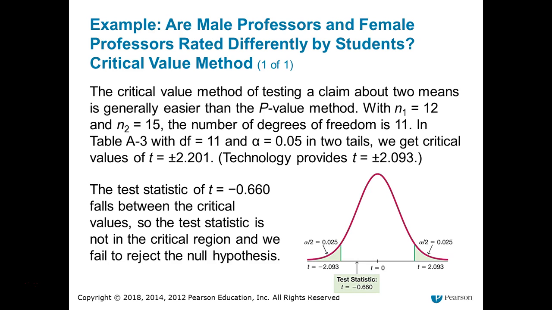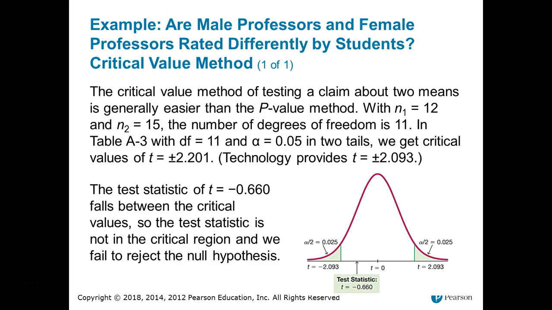Next we'll be doing the critical value method. And this is generally easier than the p-value method. So we have n1 equals 12, n2 equals 15. So we are going to be analyzing with the n1, so the degrees of freedom is 11. So degrees of freedom of 11, alpha is 0.05.